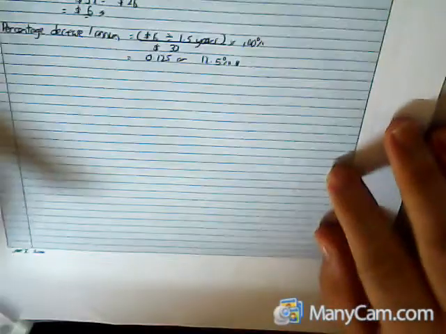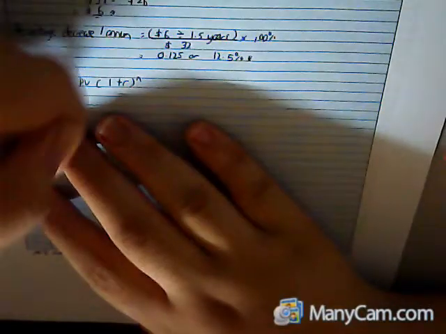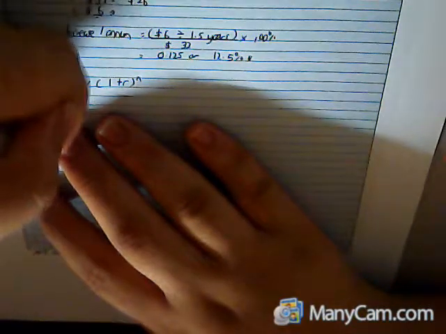Compound interest always uses one formula, only one. Which one? Future value equals present value times 1 plus R, power n. It's only one, no more. Now class, you tell me, is the value decreasing or increasing? I know that the future value is 26.